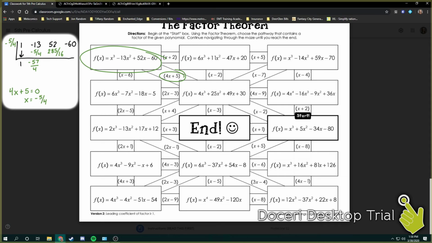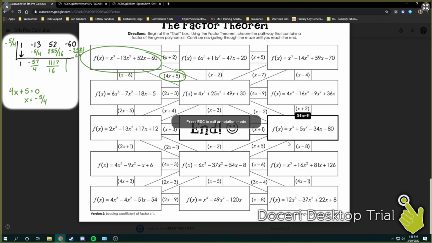Add that to 52. 1117/16. Multiply that, get a negative 5585/64, which I don't know what that is, but it is not 0, so not a factor.